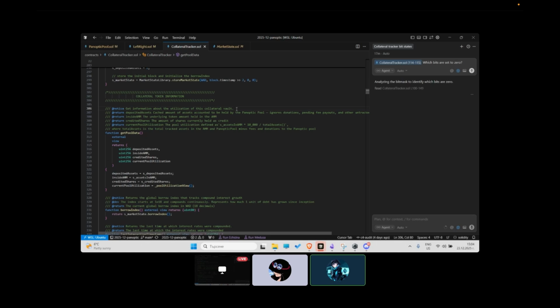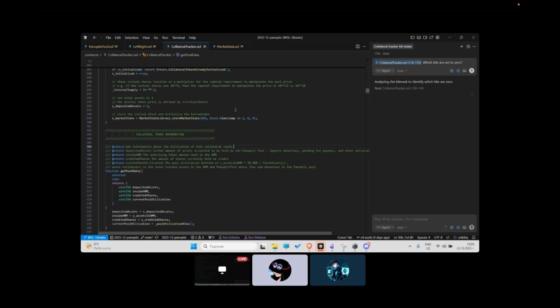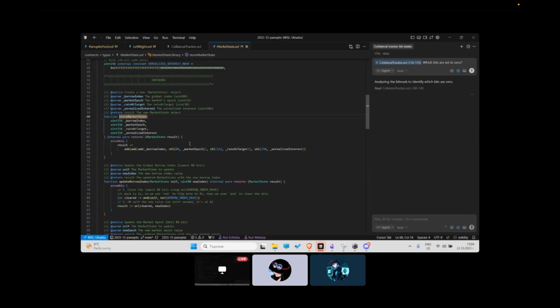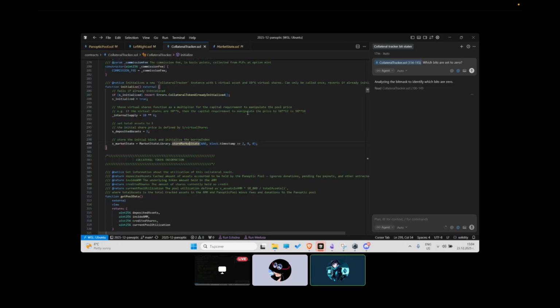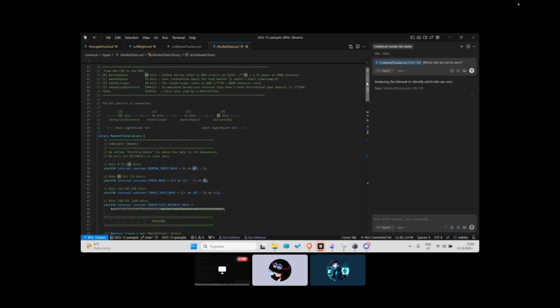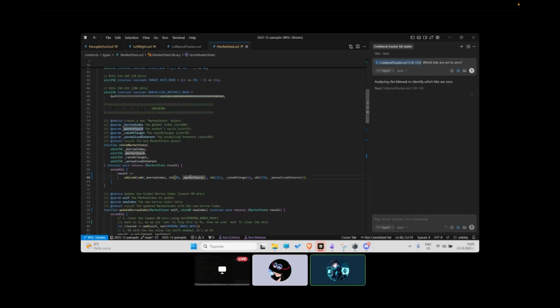Wait, why are they shifting block timestamp right? What is this operation? Isn't this a shift right? So the epoch. Looks like an epoch. They shift right.